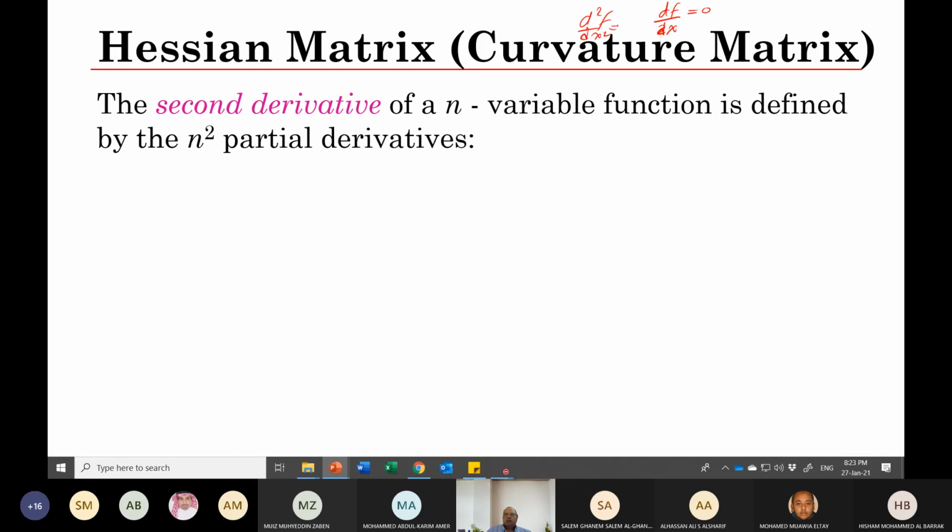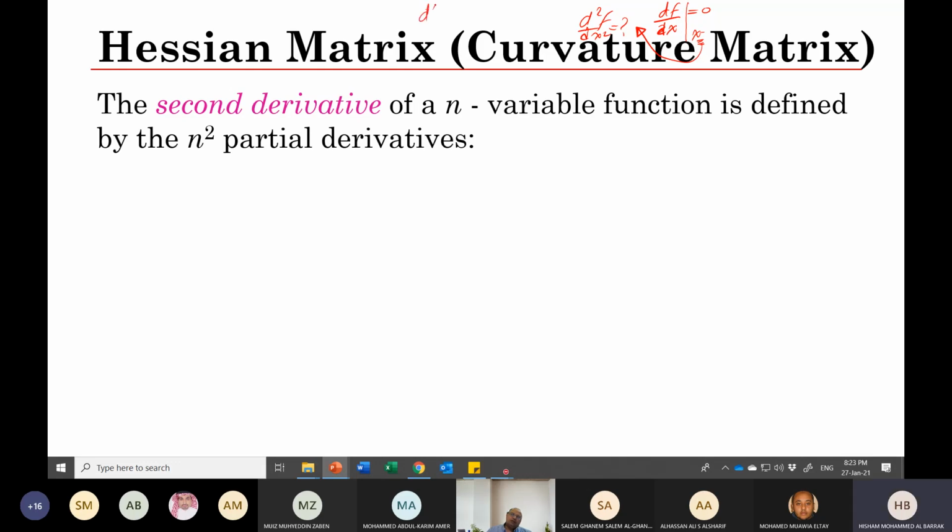And you calculate this one at these values here. So you get x here, and then you substitute in the second derivative, and you see whether the second derivative is positive or negative.